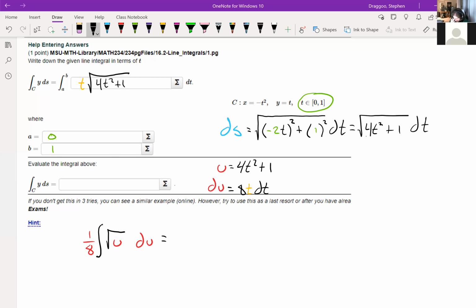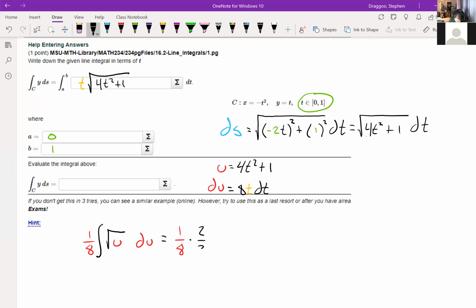But that's a thing that we can integrate. This becomes 1/8 times, so u to the 1/2 integrates to u to the 3/2 over 3/2.